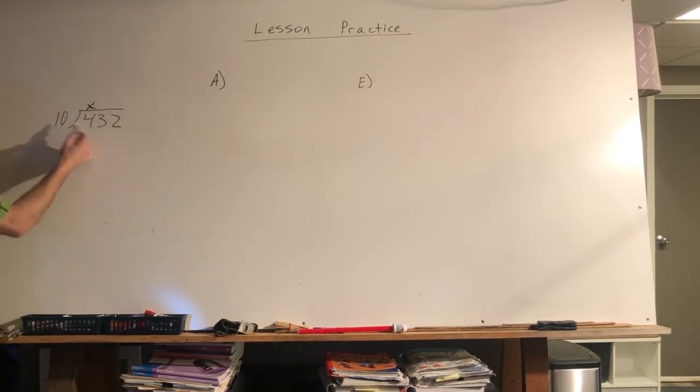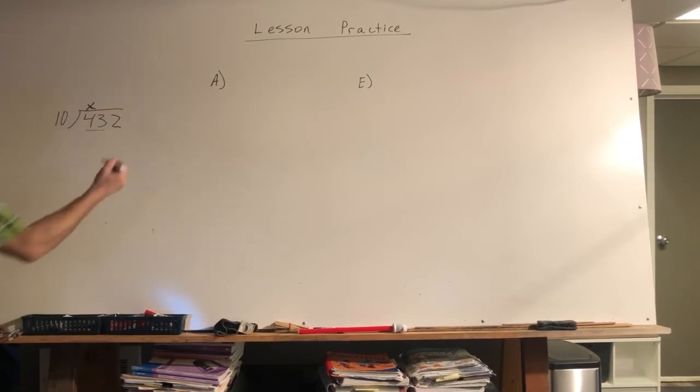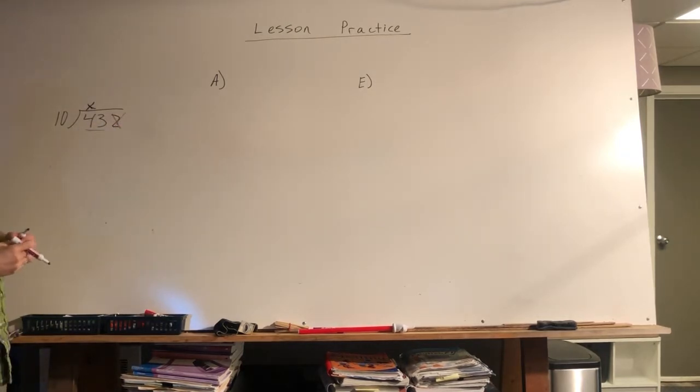Now you say, does 10 go into, I like to underline this number, 43, okay? And what I like to do is temporarily kill the 2, so I know I'm just going into the 43. Now from there, some of you will know that mentally, others of you will not. So I'm going to take the 1 and the 4.